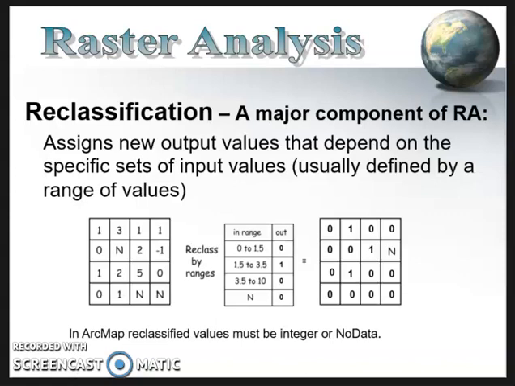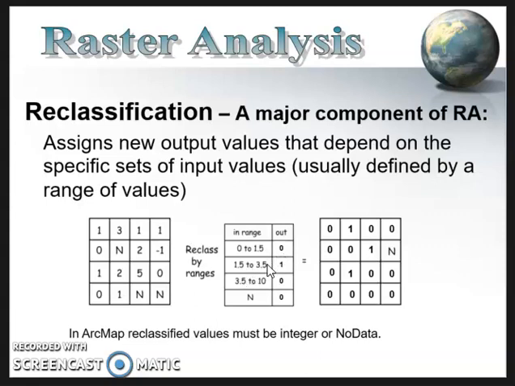So for example, if we were to start with the raster layer, we would want to specify a range, and then if the cell value falls within the range, it gets reclassified to the value specified. So here we have our raster values, and if we were to reclass by range, anything that is a cell value of 0 to 1.5 is going to be assigned a 0.